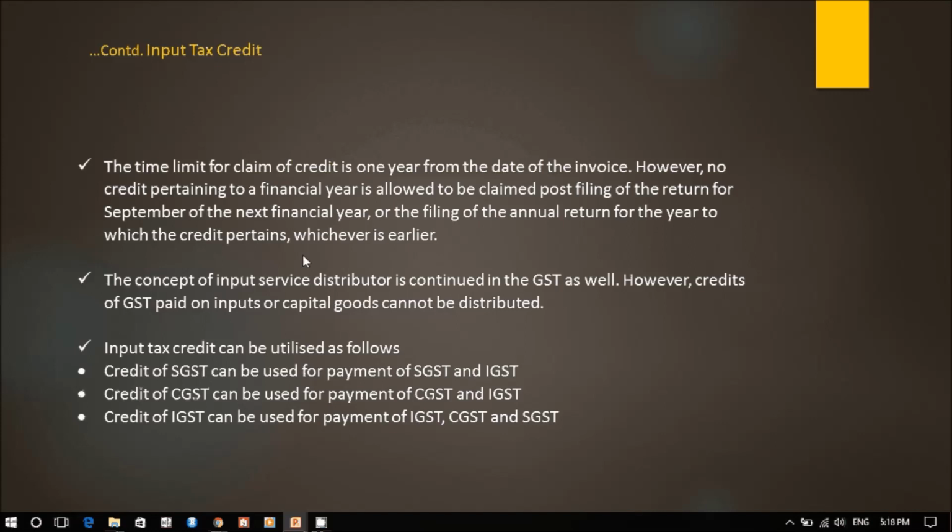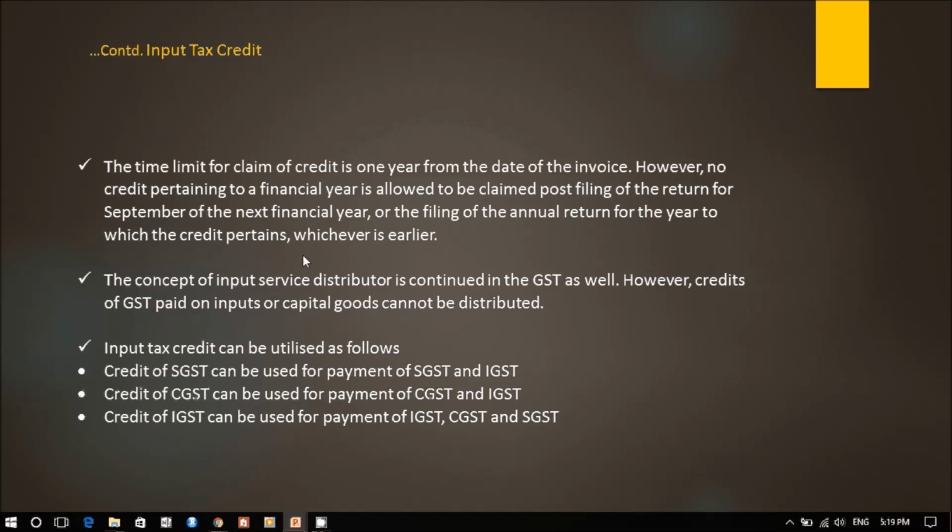For example, if the invoice relates to financial year 16-17 and the annual return of this year has been filed, then he will not be able to take the credit of that invoice if the annual return has been filed for that year.